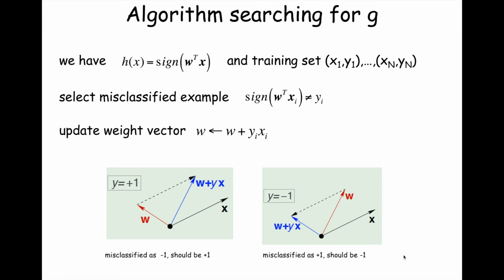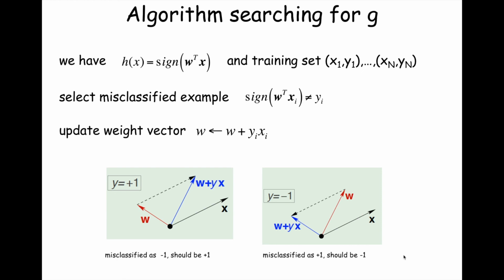So you take the number of errors your current version of the hypothesis makes, and then you pick some point on which it made an error. You look where it disagrees with the ground truth labeling, and then you do the following update. You say the new version of W, that's your augmented W, is equal to the current version of W plus whatever the ground truth label is times the value of that offending data point.